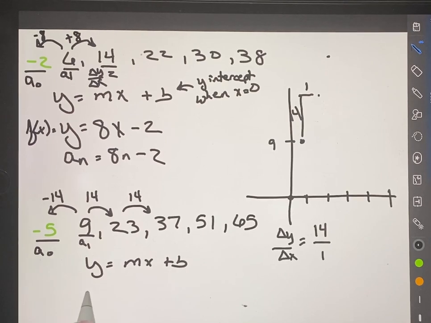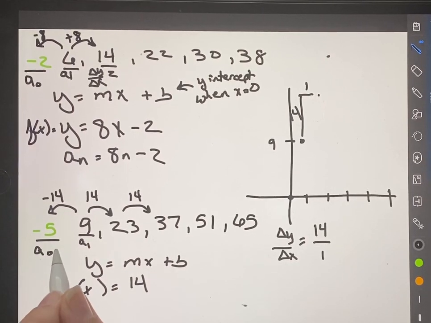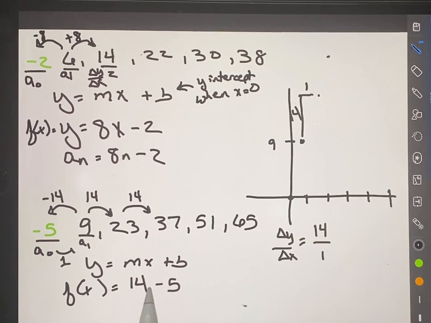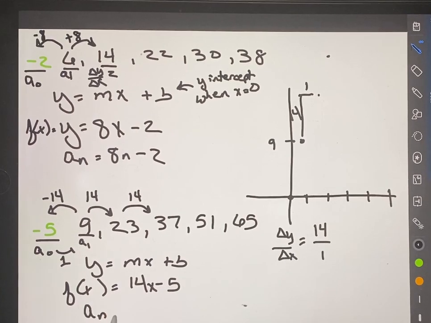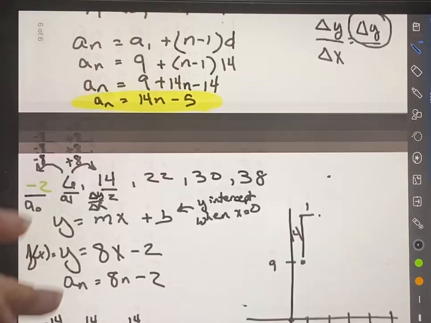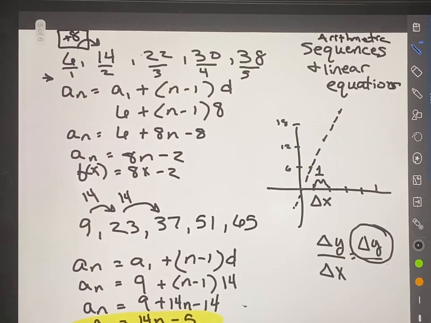If I were to write this in my linear equation, I would now say f of x is equal to my slope, which I know is change of 14 over change of 1, plus my y-intercept, which is -5. So I could rewrite that to find any term along this. I have 14 times that term location minus 5, 14n minus 5.